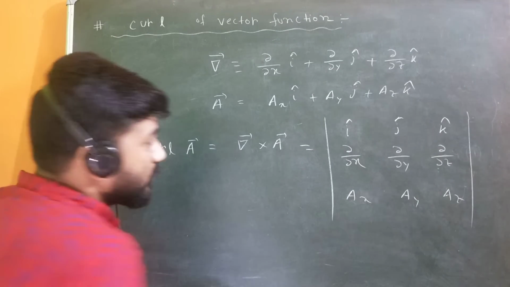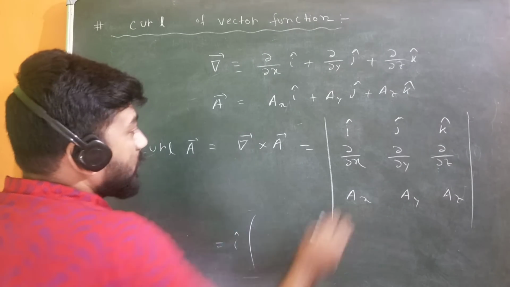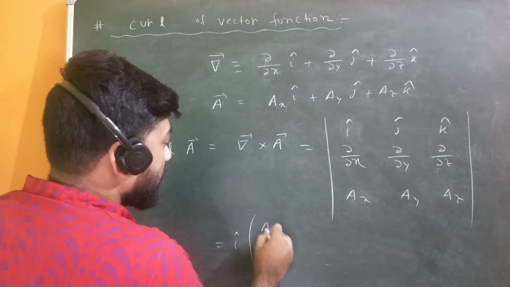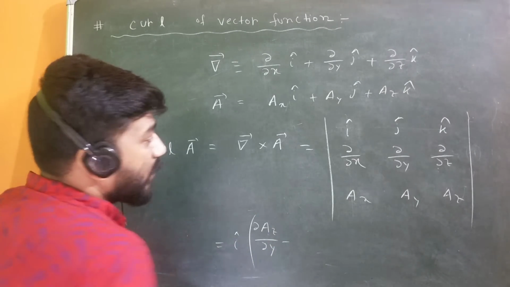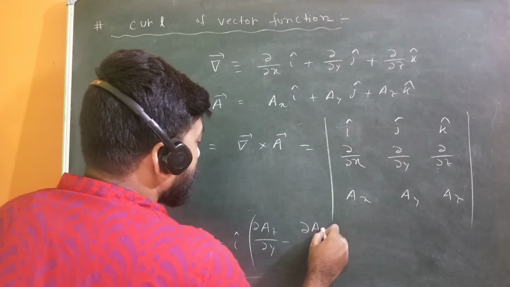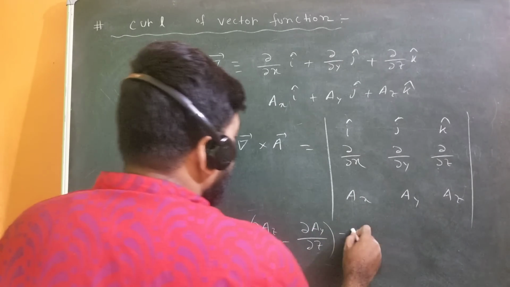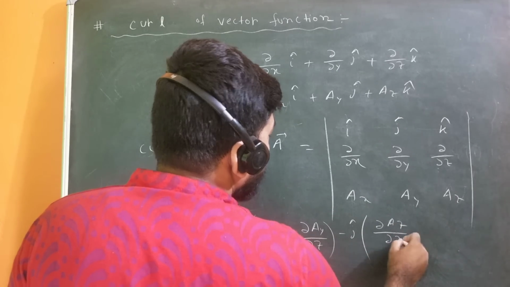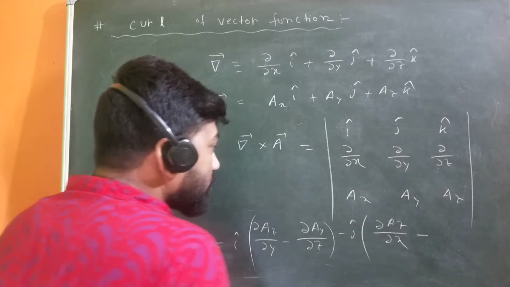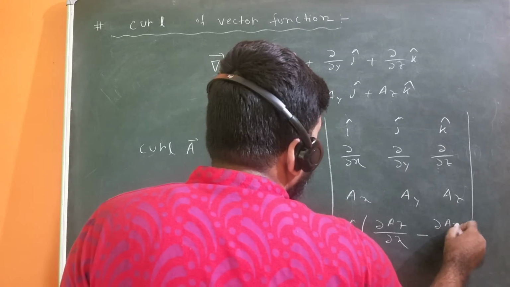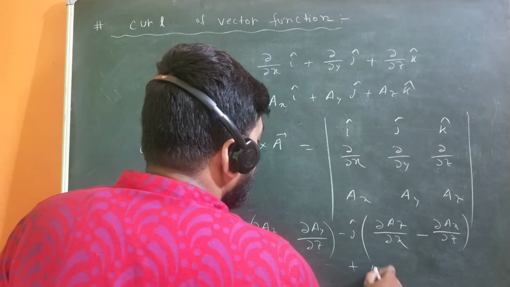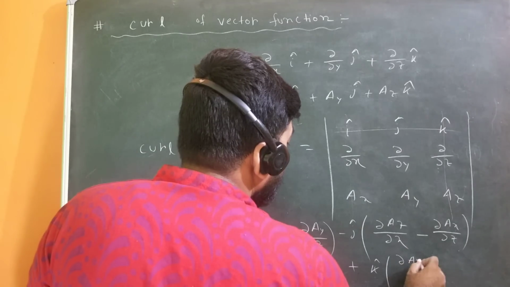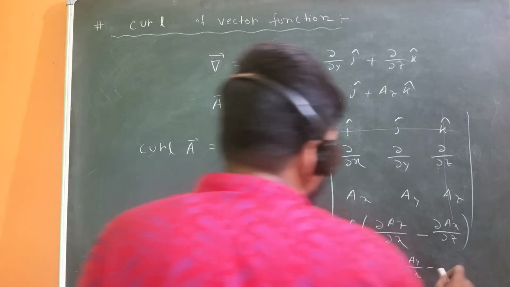Now you know how you have to expand this determinant. For i cap, you remove this row and column, so it will be ∂Az/∂y minus ∂Ay/∂z. Then minus j cap into ∂Az/∂x minus ∂Ax/∂z. Then plus k cap into ∂Ay/∂x minus ∂Ax/∂y.